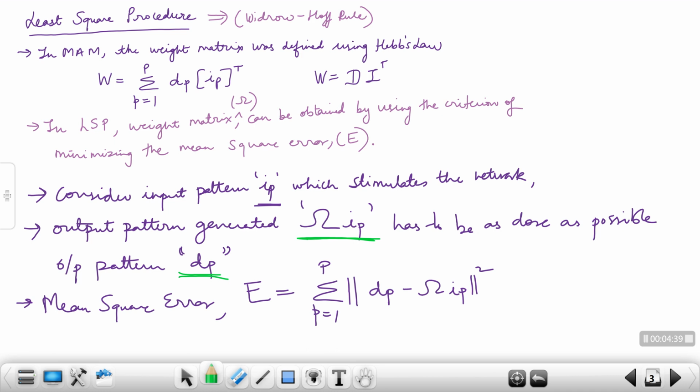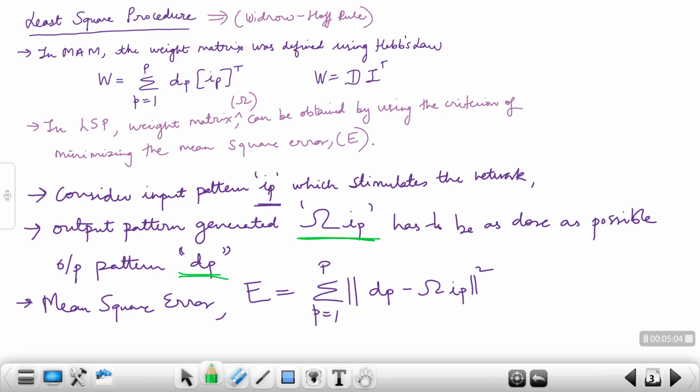Now we already know how to find the minimum of this error. In order to find the minimum value of the error, we take the derivative of the error with respect to the weight matrix, with respect to the weights.